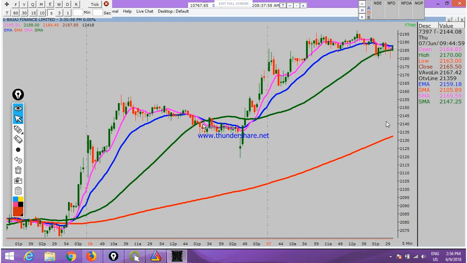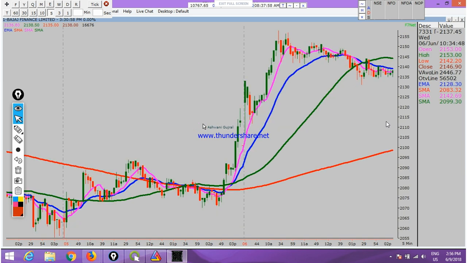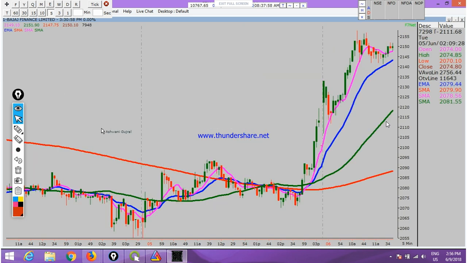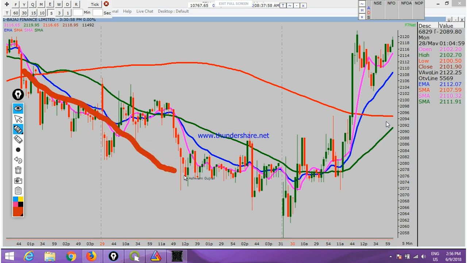Some of you wanted to know false breakdown, right? This is Bajaj Finance. Now look at this decline, right?